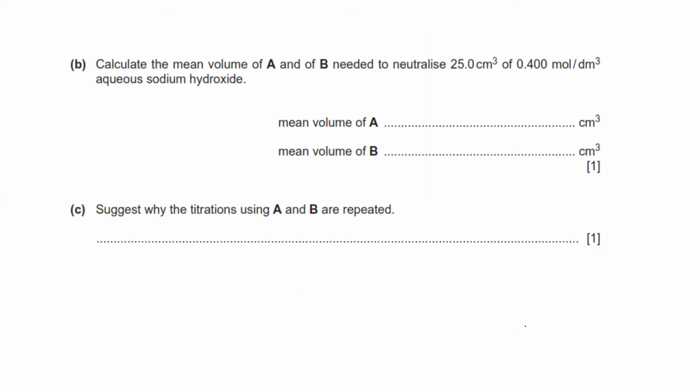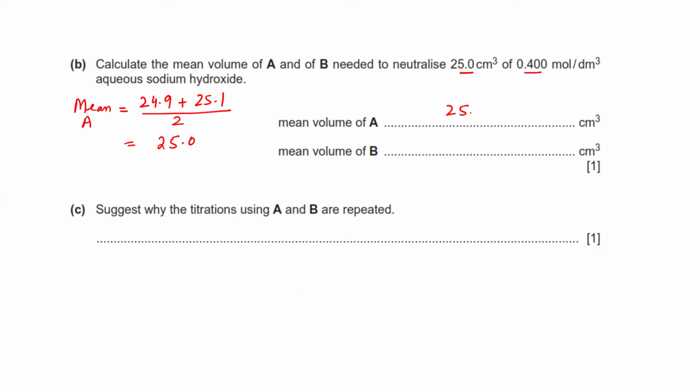Then part C: calculate the mean value of A and B to neutralize 25 cm³ of 0.4 mol/dm³ sodium hydroxide. The mean of A will be the average of both values. So 24.9 plus 25.1 divided by 2, the mean value comes out to be 25.0.